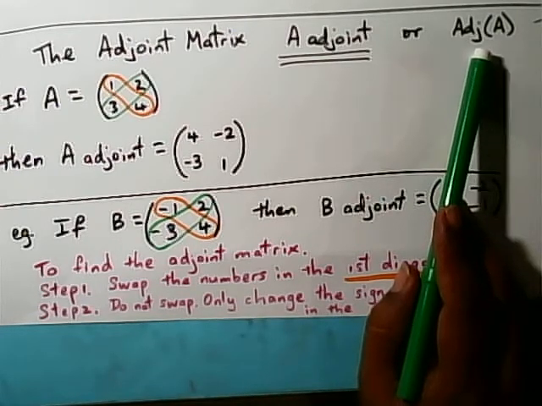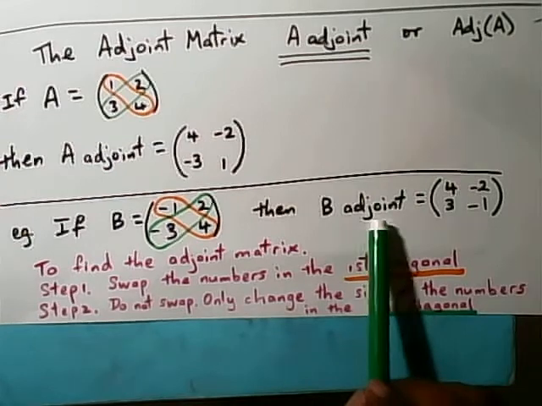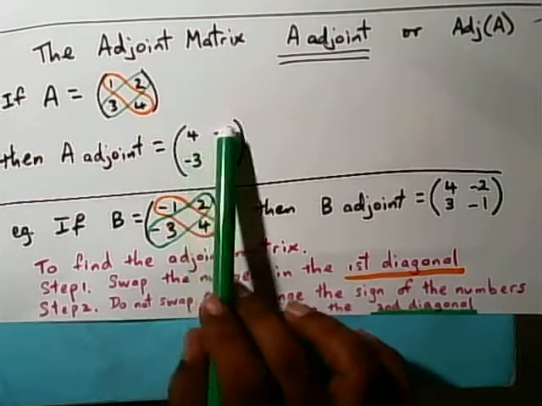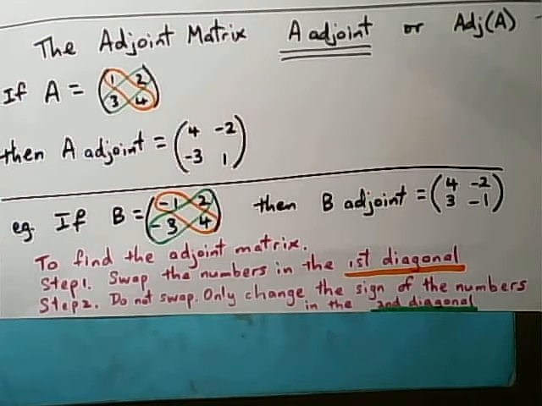At least you'll understand what it means. But this is the kind of method, the symbols I'll use, and that is how you find the adjoint. Now go and practice finding the adjoint of matrices. Make up any kind of matrix with 4 numbers and practice the adjoint matrix.